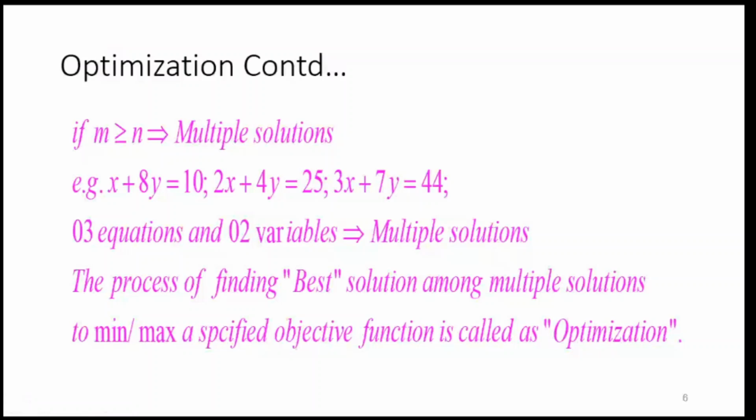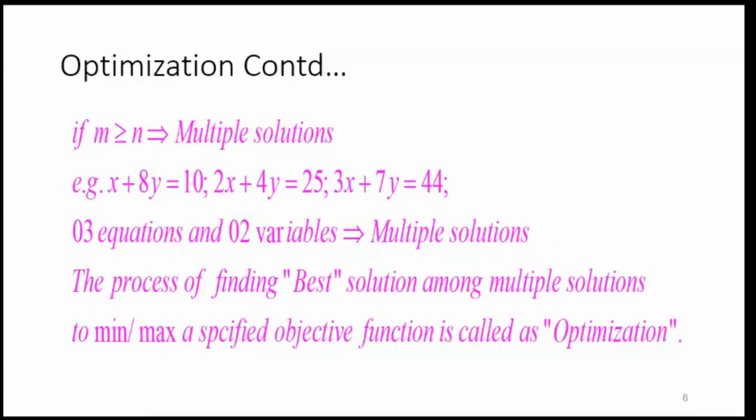You will obtain multiple values of x and y which will simultaneously satisfy these equations. Now there is a problem: we have obtained multiple pairs of x and y.